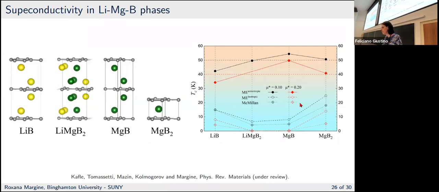So this is what you get with McMillan, the black dots with a cross. And that's what you get if you solve the Migdal-Eliashberg equation in the isotropic form. This should be close to McMillan. And that's what you get if you solve the anisotropic Migdal-Eliashberg equation. So you will really underestimate a lot if you base it just on McMillan. MgB2, depending on different mu star, falls between 40 and 50, just for comparison.